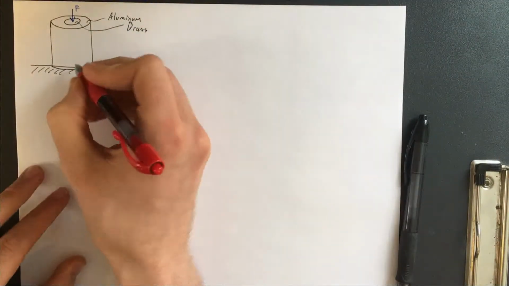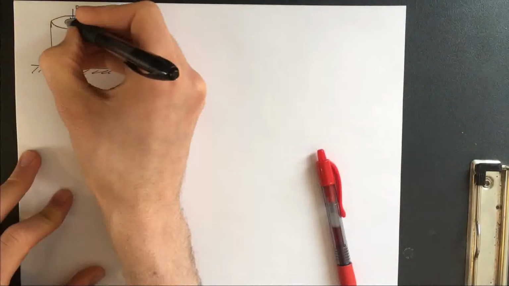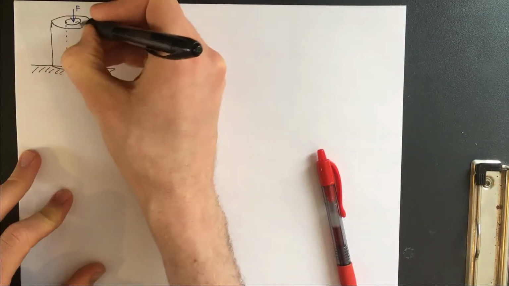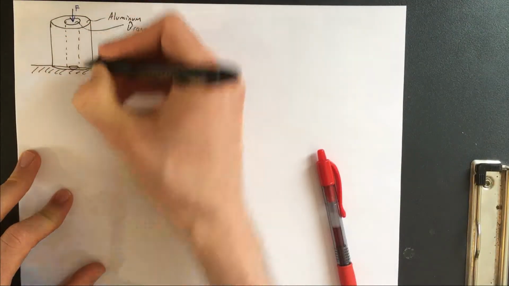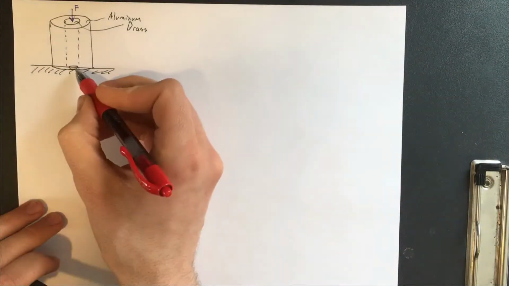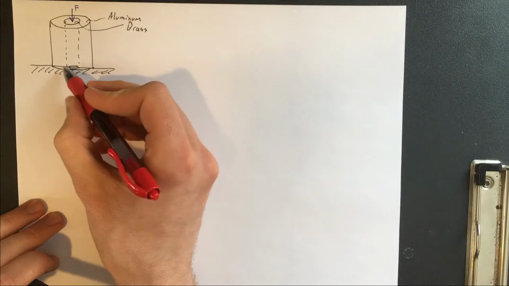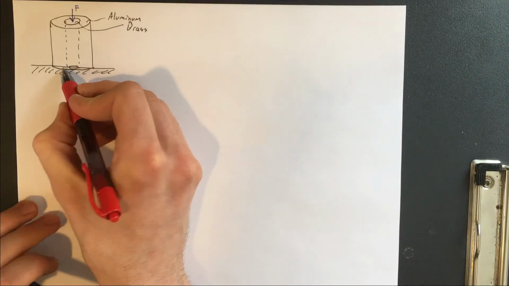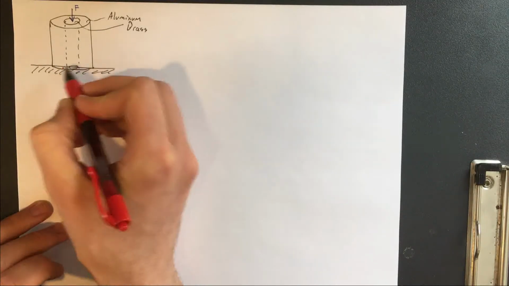And this cylinder extends all the way to the bottom like this. If I apply some force like this, there are going to be reactions between the floor and the aluminum part of this structural member and the brass part.